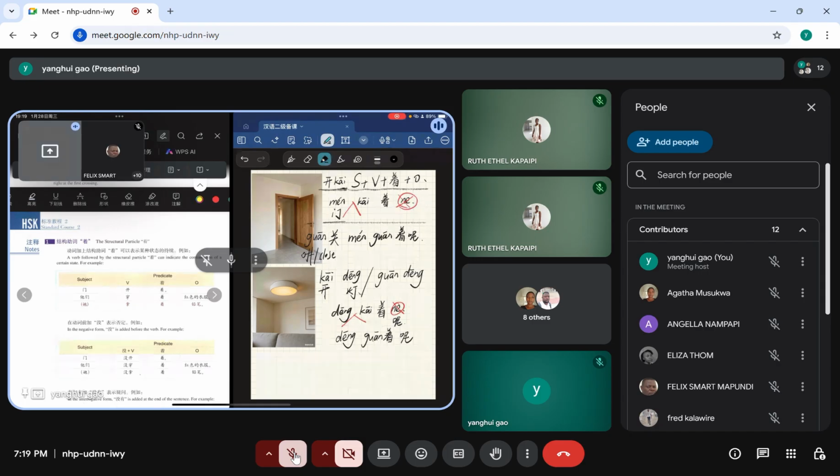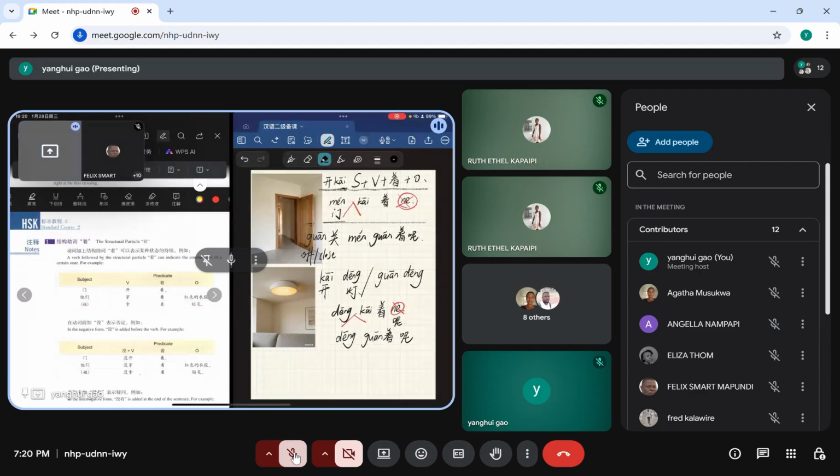门开着呢. And then for the light, when we see the light is on, we also use the verb 开. So we say the light is on, 灯开着呢.